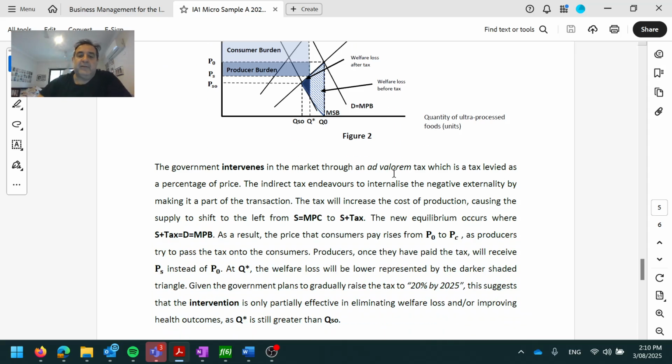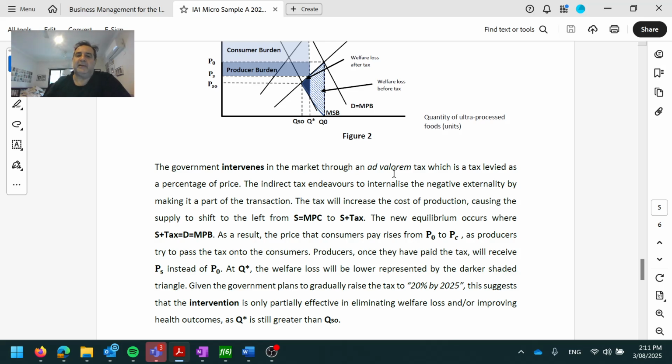Okay, so government intervenes in the market through an ad valorem tax, which is a tax levied as a percentage of price. So, the student is displaying an understanding of that word or that term, which is lovely to see. So they're kind of defining it without actually defining it, which is good. Then straight away, the whole point of a tax is discussed, to internalise the negative externality by making a part of the transaction.